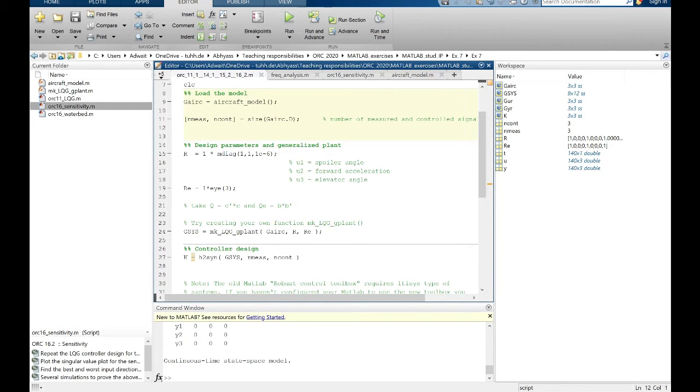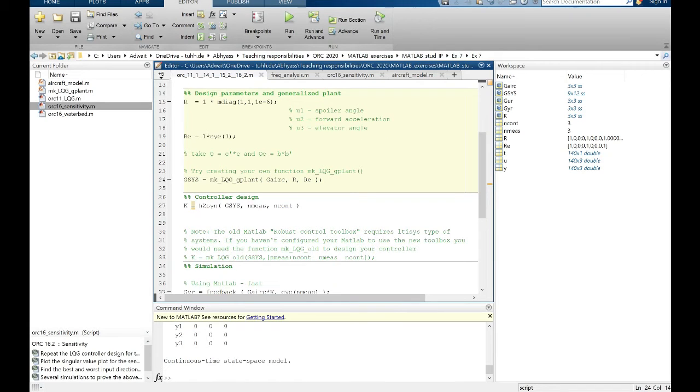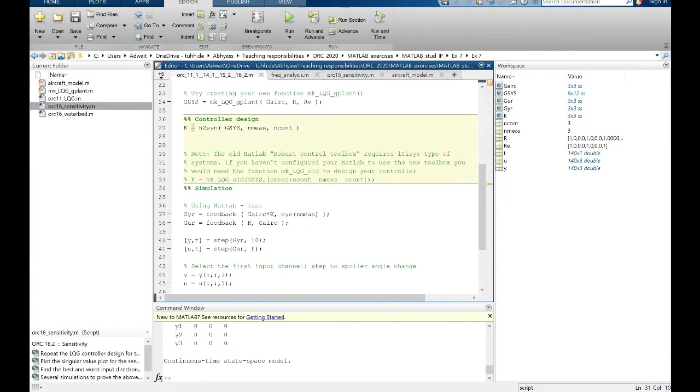Then we define the tuning knobs r and re. Then we make the generalized plant, which we already saw, and then we execute this command h2syn to get the controller back. Now, as we just saw, once we have the controller, we put it in a tracking loop by using this command feedback.